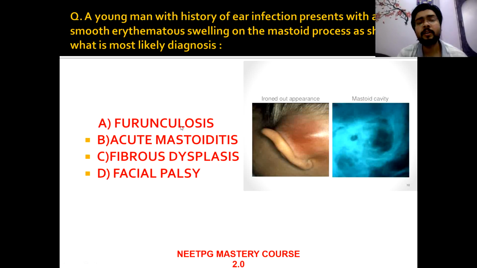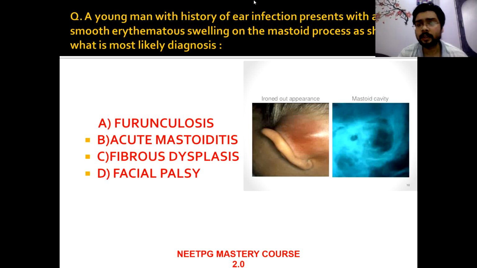And why not furunculosis? For furunculosis, we need some more points to get to the diagnosis. They should have mentioned ear pain, which is not mentioned anywhere in this question. In furunculosis, the patient will be complaining of ear pain while introducing anything, or as such will be having ear pain and some discharge.